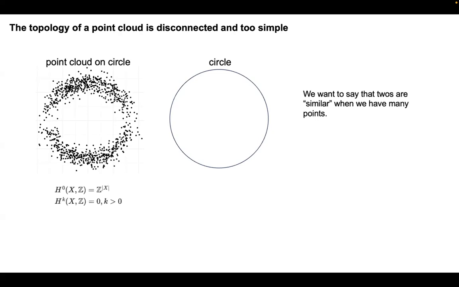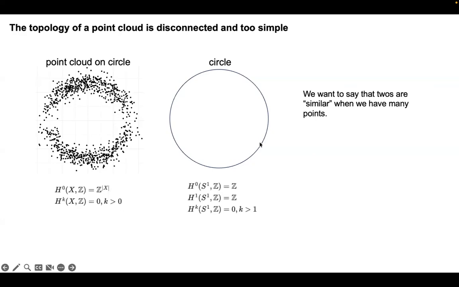The problem is that when we compare two spaces, the most convenient way is to compute an algebraic invariant called homology. I will explain it later. But the degree 0 homology is just the number of points, and the higher dimension homology vanishes for k greater than 0.